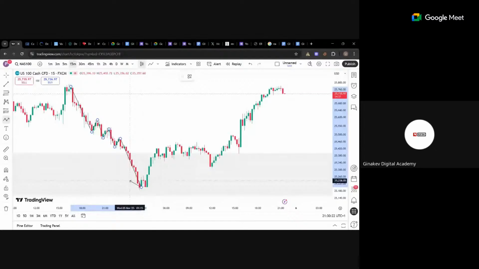From this point until this last lower high is broken, you've not observed your change of character. You've not observed your market structure shift. You've observed nothing. Now, you have this, then you see the market come here.